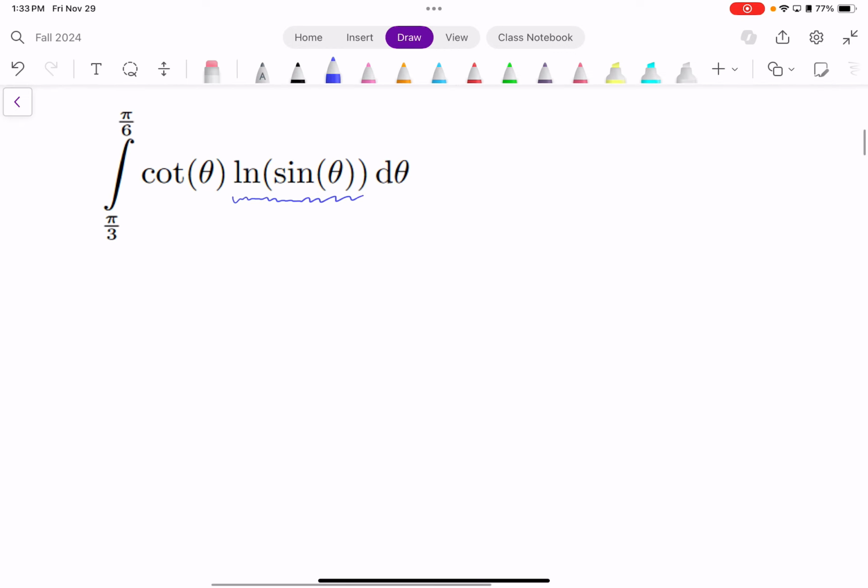Let's see what happens. So we have this ln of sine of theta. Let's try and make a substitution here. So if we set u to be equal to the ln of sine of theta, let's try taking this derivative. We'll get that du is equal to, remember we'll have 1 over sine theta from our ln rule, but also we have to remember to multiply by that chain rule.